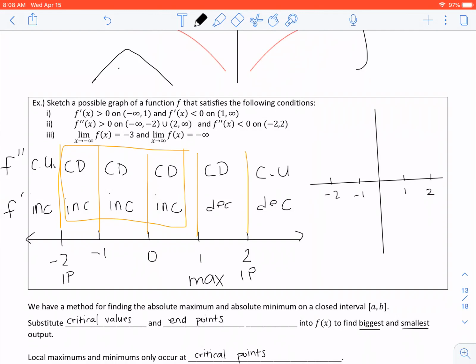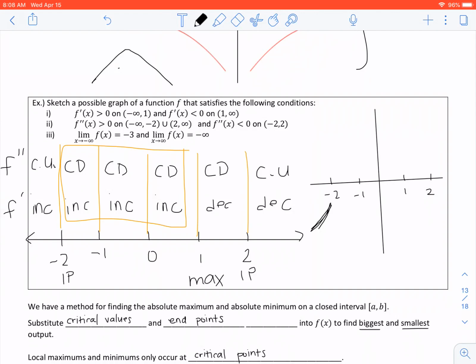So going in and graphing our function, the first interval here from negative infinity to -2 is concave up and increasing. So kind of drawing that in.